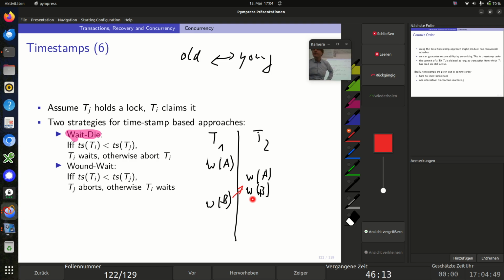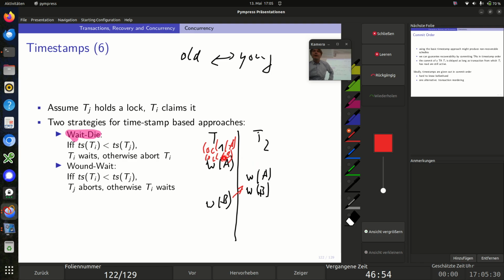On the other side, what would happen if T1 already acquired all the locks? So maybe T1 already has both locks, lock on A, lock on B. And then T2 would ask T1 for the lock, and in wait-die, T2 would say, okay, the lock is held by transaction 1, I die, and it won't wait.